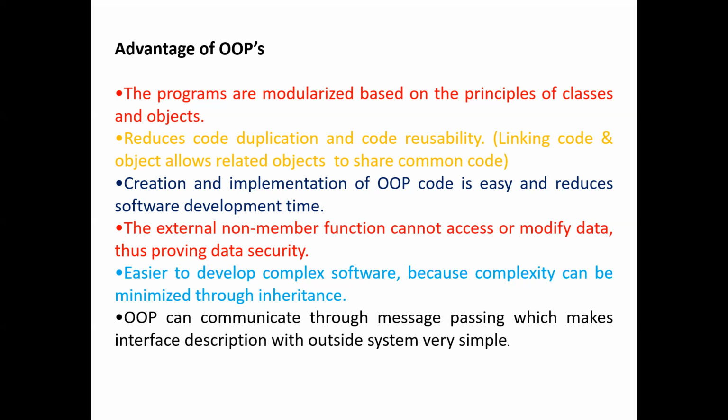Clear? It does two things. One, it saves our time. Second, the difficulty of writing that particular class can be minimized due to one of the important characteristics called inheritance. That's why we said it is easy to develop complex software. This is one more advantage of OOPs.